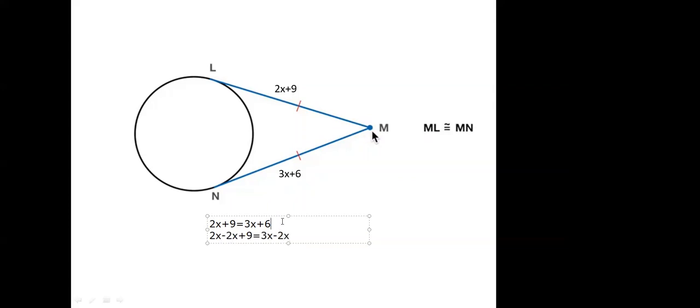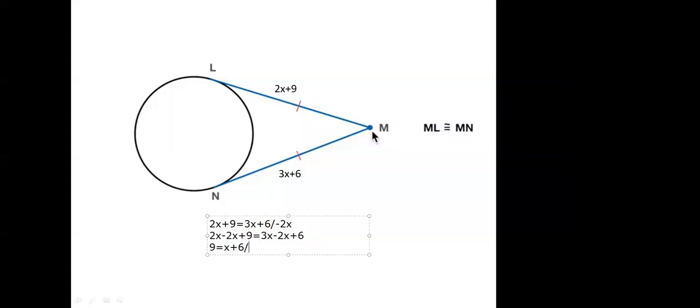Subtracting 2x from both sides, on this side we get 2x minus 2x equals 0, so it's just 9. And on the other side, we have 3x minus 2x, that is 1x, or just x, plus 6, the one that is left.